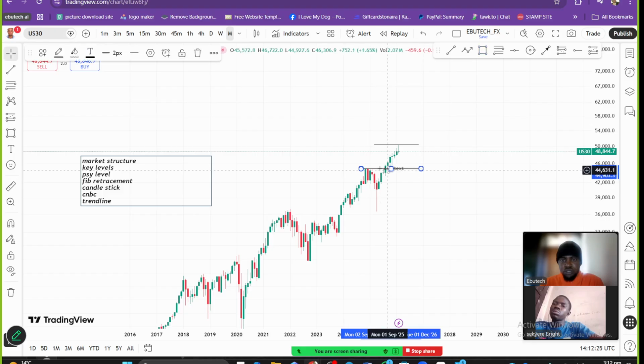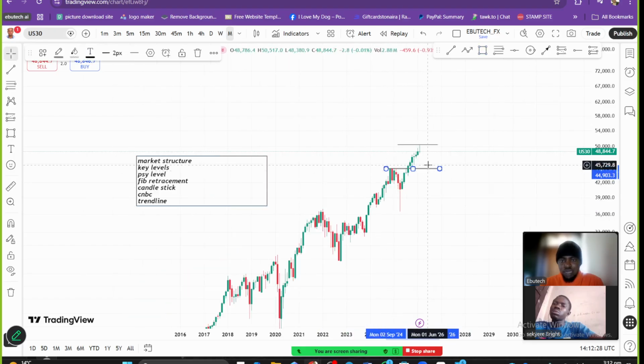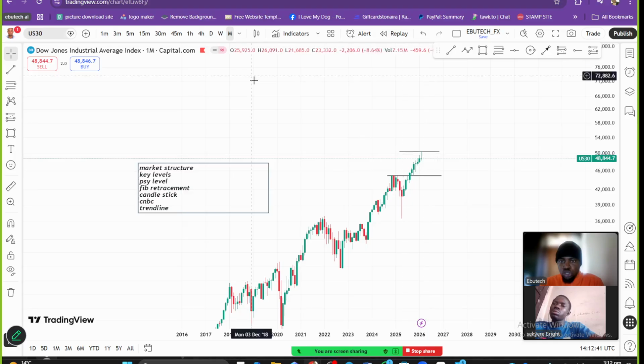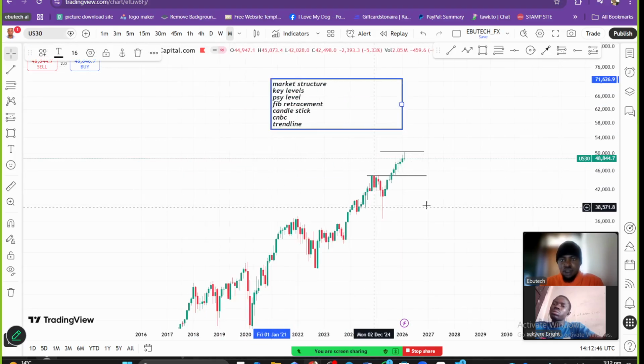This is it. You mark it out. These are the major two that we need, the highest support and resistance, from the monthly. This is what we need. Then we don't have much here again.